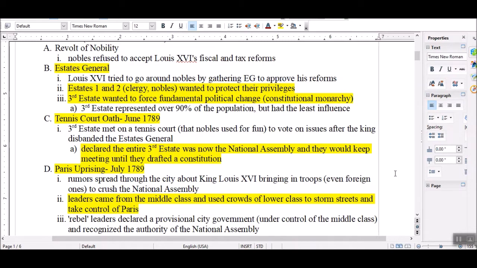They decide that they want to force a fundamental political change. They want a constitutional monarchy. Basically, they want the same thing that Britain has at this time. And the third estate represents just over 90% of the total population. You would think they would have more influence than they had, but actually they were the smallest influence within the estates. And this imbalance in the estate system is going to be problematic.